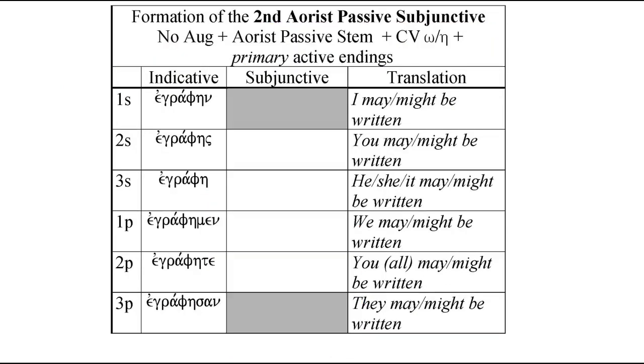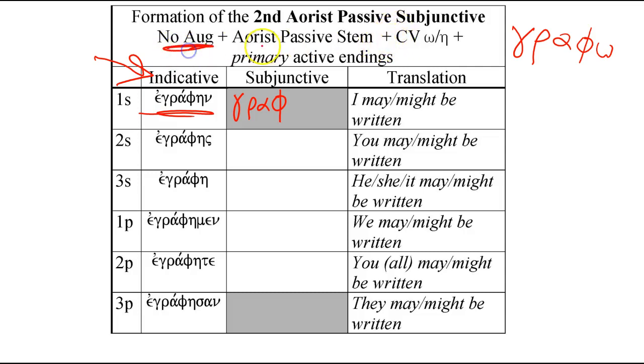For the second aorist passive subjunctive, let's use grapho, which we know uses a second aorist, because its principal part, egraphen, uses a second aorist passive indicative form. We know that the subjunctive will also be second aorist. And so we take the stem, graph, and notice that there's no augment, that we take the aorist passive stem.